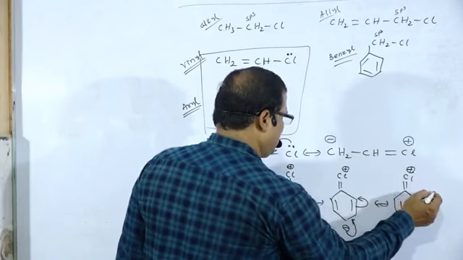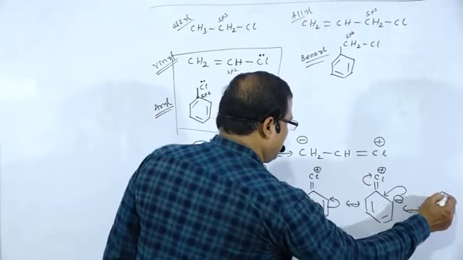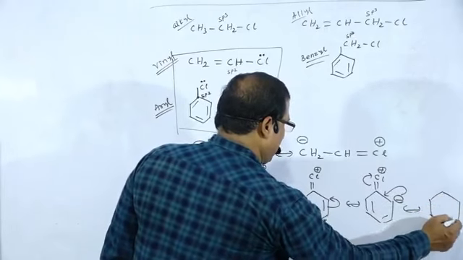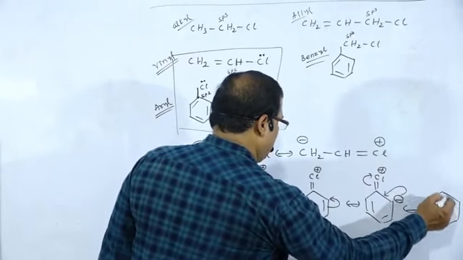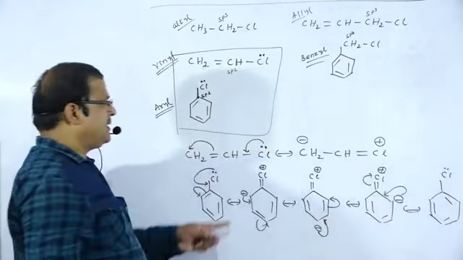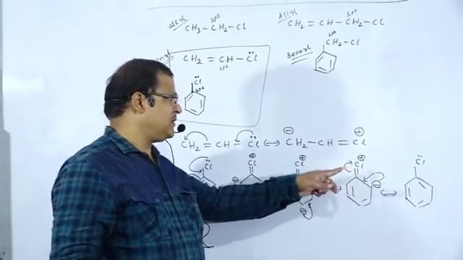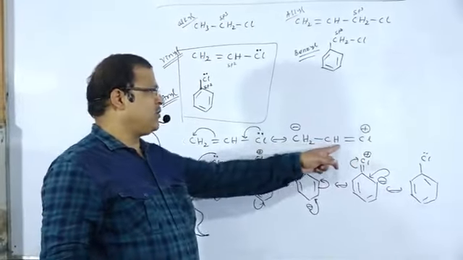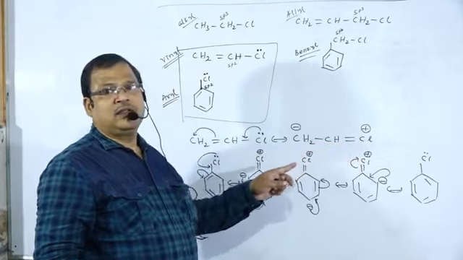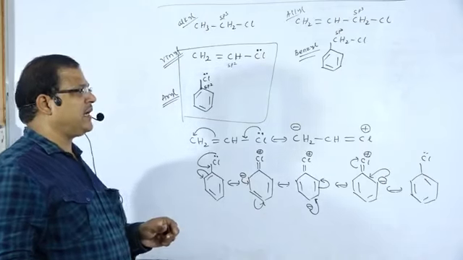Resonance is going on. If we mark the middle three structures, there is carbon to chlorine double bond character. So because of resonance, there is the development of carbon to chlorine double bond character.